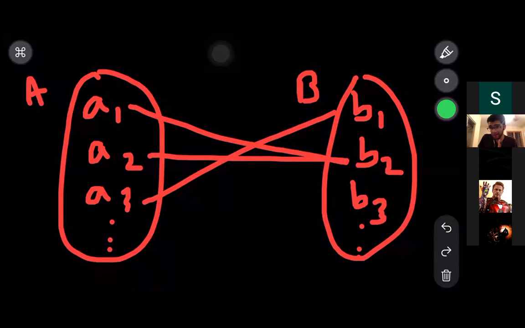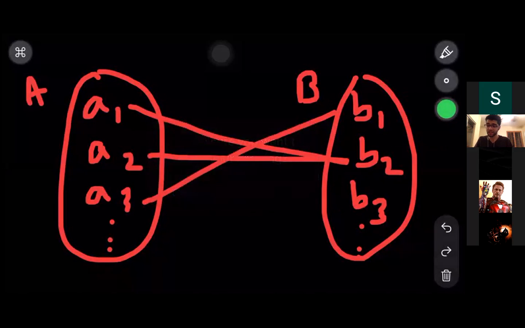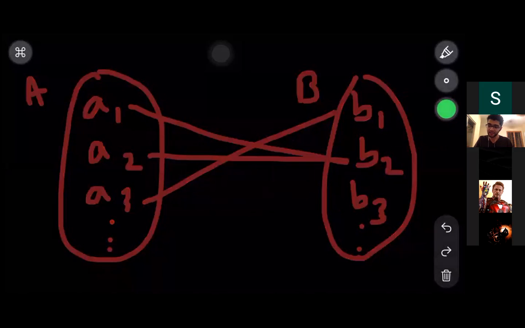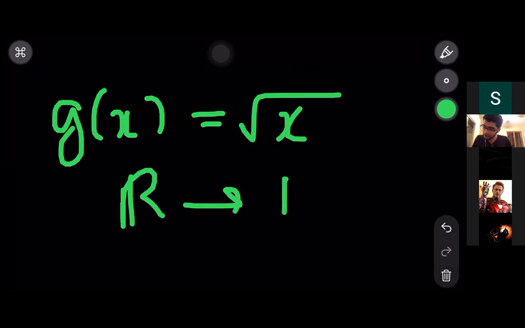So a simple way to look at this is I defined a function f of x equals x squared, and you saw that 1 was mapped to 1, 2 was mapped to 4, and 3 was mapped to 9. What if I defined a function in the following way? Let me say this is another function, g of x equals square root of x. Okay, and let's say I also define this function from real numbers to real numbers.